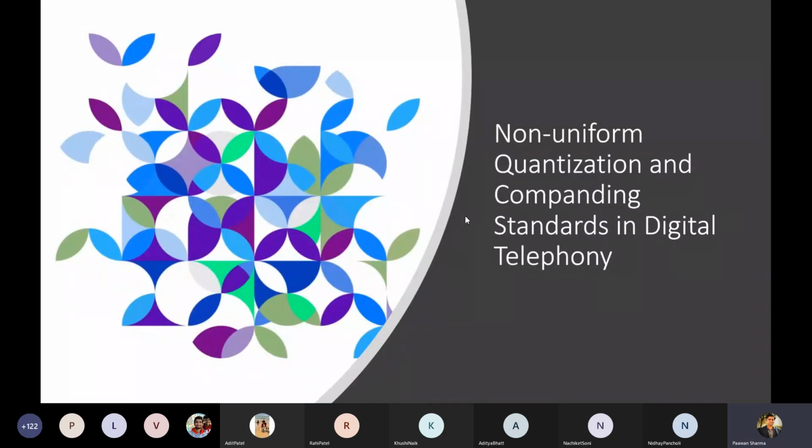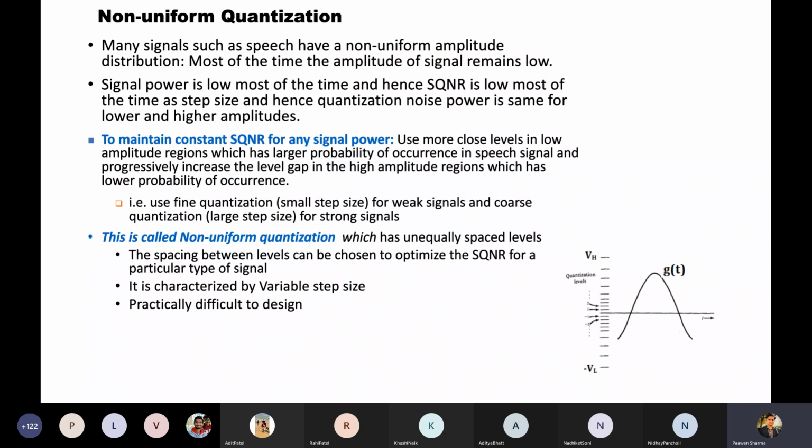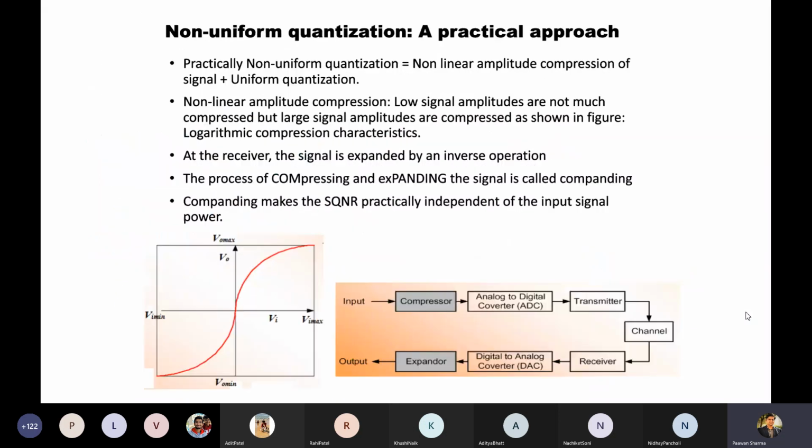So we have seen earlier non-uniform quantization and compounding. We'll quickly go through non-uniform quantization. Why do we do it? Because of the very nature of the signal like this, and we have already seen this. We use a compressor and expander, and compressing and expanding together we call compounding.